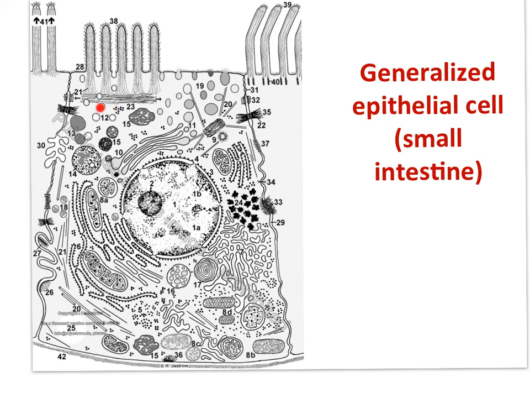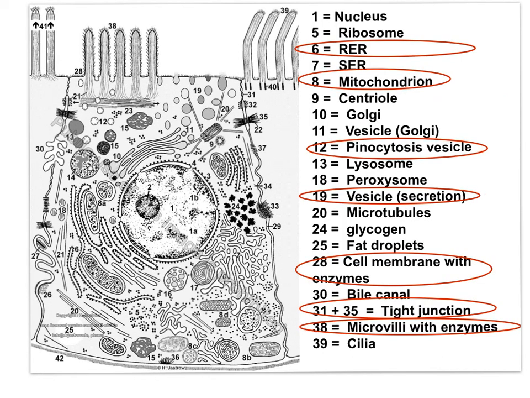You can see pinocytotic vesicles transporting the products of digestion into the cell, and tight junctions, seen here and here, are membrane proteins that bind the membranes of two adjacent cells, bind those cells tightly together. Tight junctions would be another role of membrane proteins. You can study this slide on your own. I've identified the structures that I spoke about in the last slide.